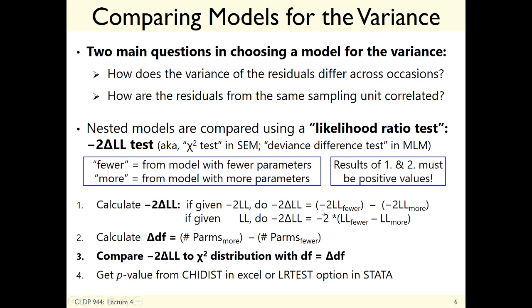We'll take the -2 log likelihood from the model with fewer parameters, which will be greater because it's simpler, minus the one from the model with more parameters, which should be lower, so that difference needs to be positive. You take the difference in the number of degrees of freedom, and then compare that change in log likelihood to a chi-square distribution with that degrees of freedom.